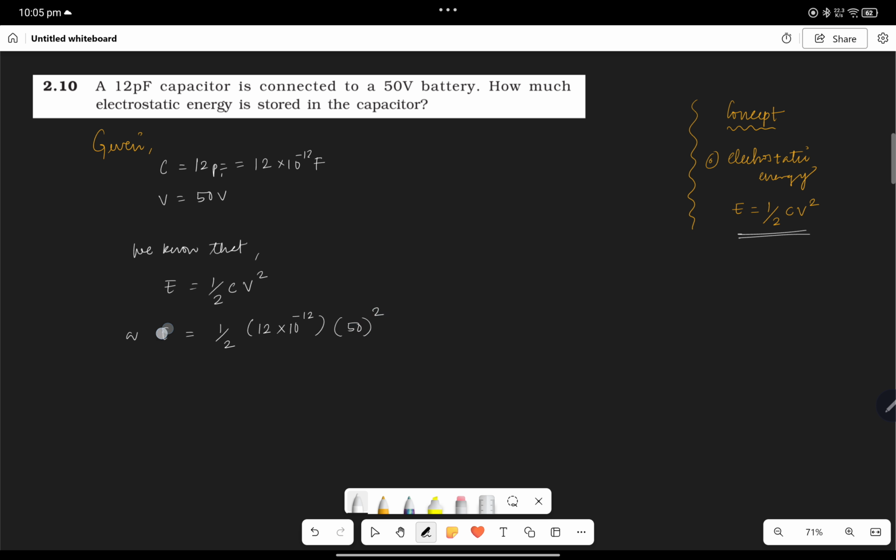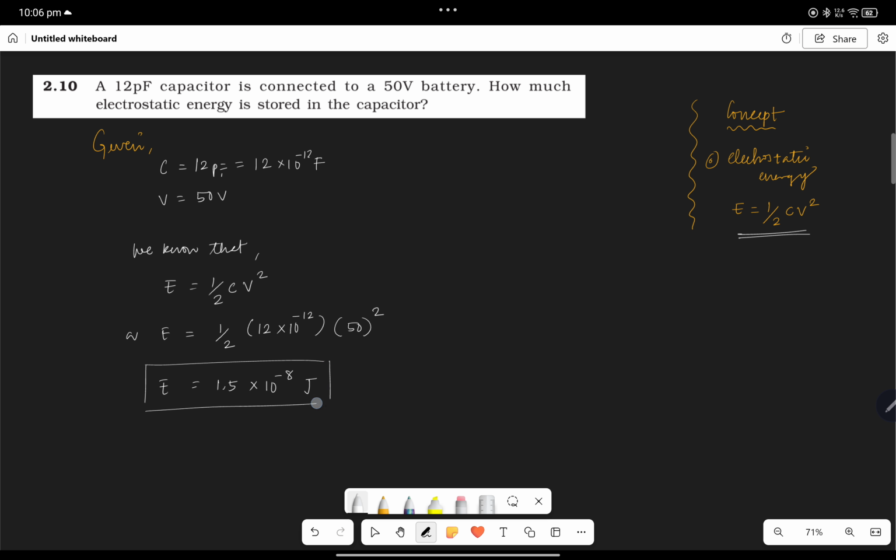By calculating this, you are going to get the value 1.5 into 10 to the power minus 8 joule, right? So this is the value we are going to get.